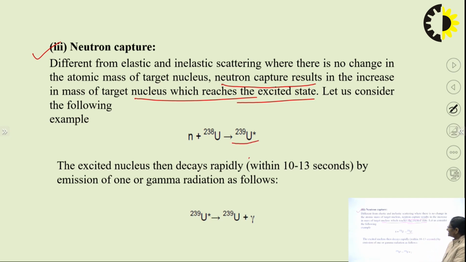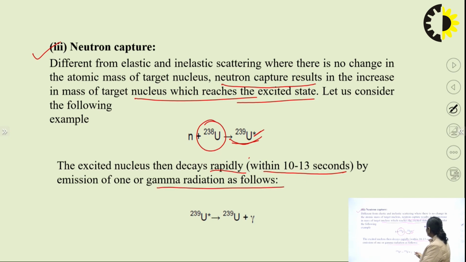For this, let us consider the following example. A neutron is captured by uranium-238. The uranium-238 changes to uranium-239, and U-239 is in the excited state. The excited nucleus then decays rapidly, within 10 to 13 seconds, by emission of the gamma radiation.